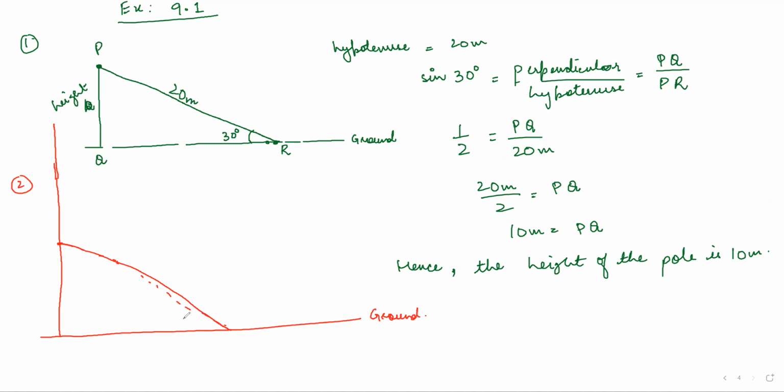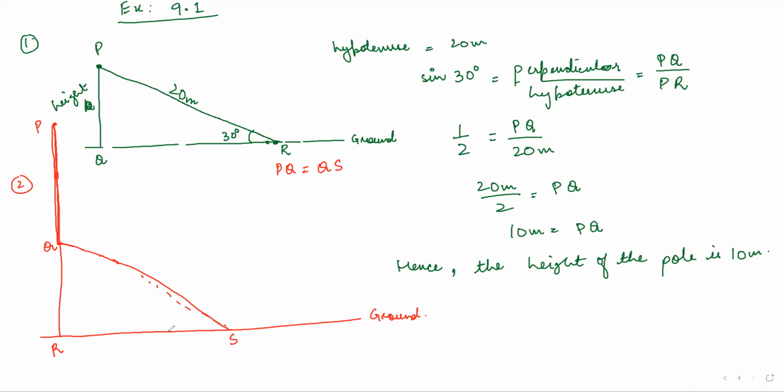If I give it some names, for example, P, Q, R, and let's say this point is S. So basically your PQ is equal to QS, isn't it? Because this is the part of the tree which was actually standing. Now because of the storm, it has fallen down. So PQ is actually QS. Got the point here?